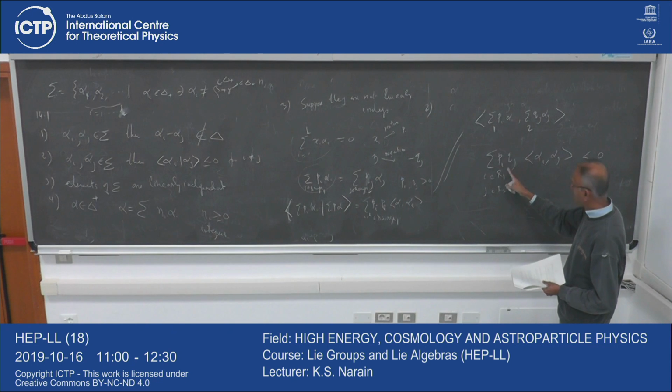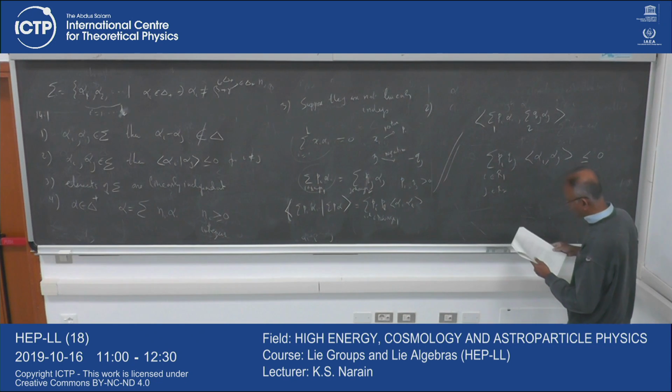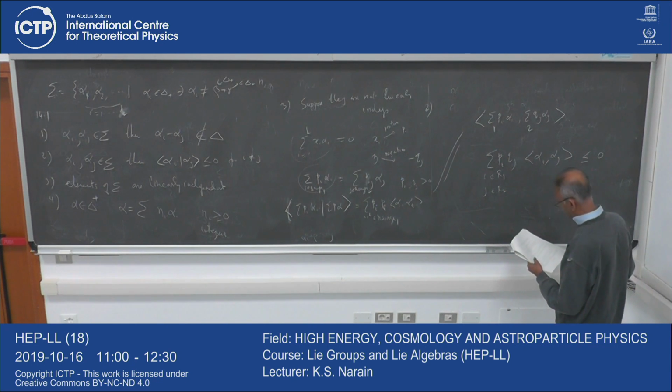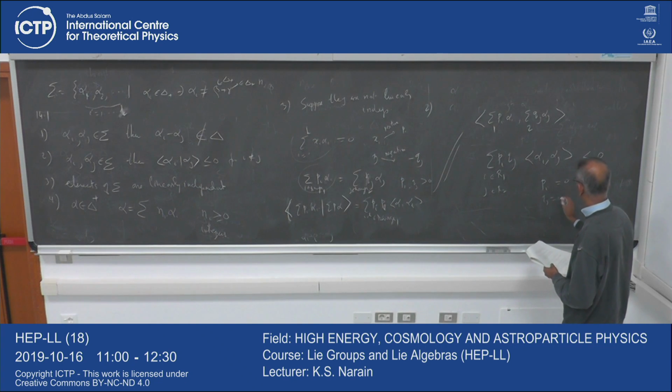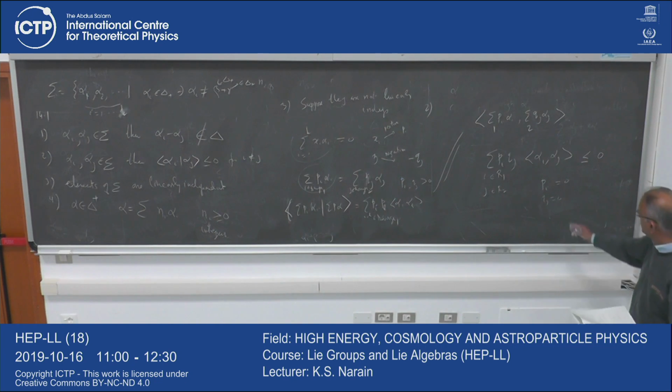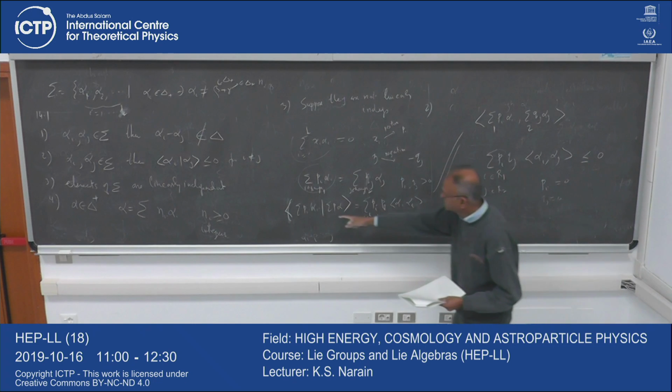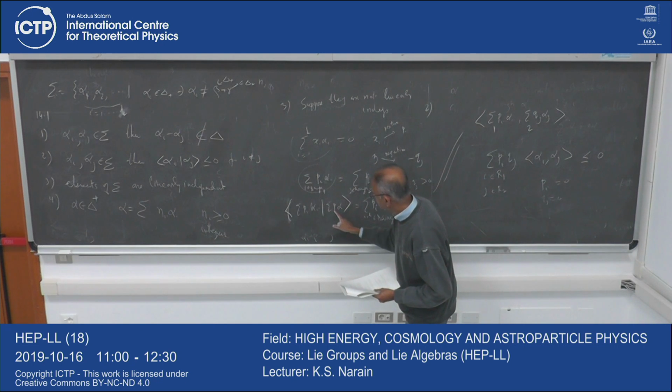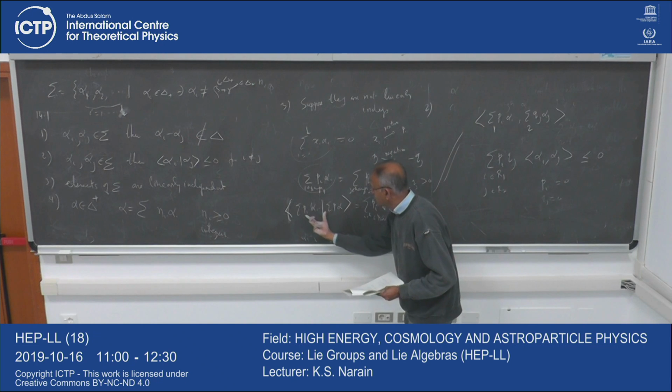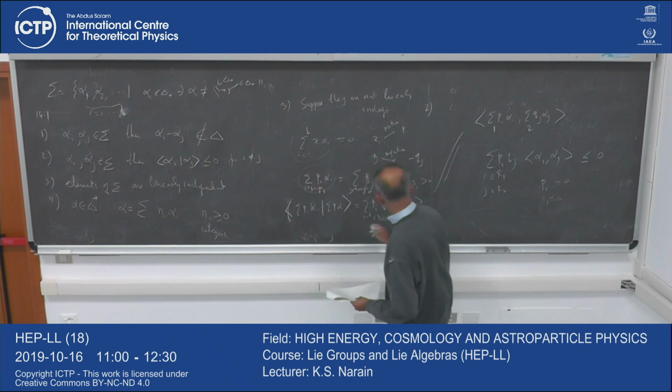The conclusion is that it basically proves that all the pi equal 0 and qj equal 0. The fact that this is 0, this is the norm of a vector, implies it is 0.